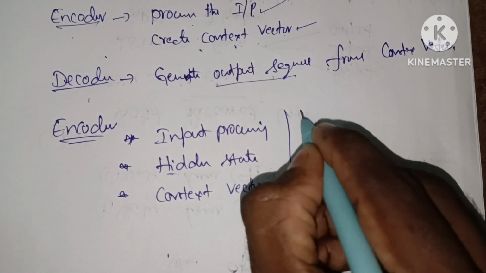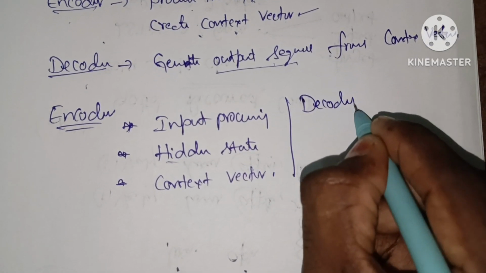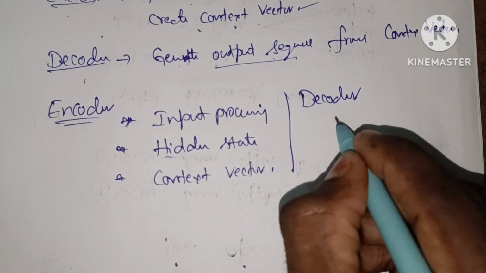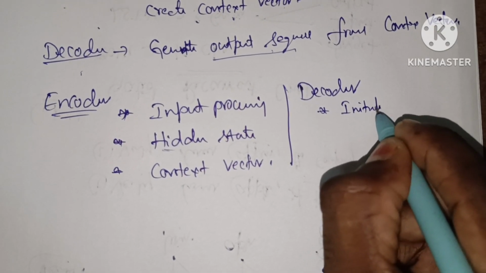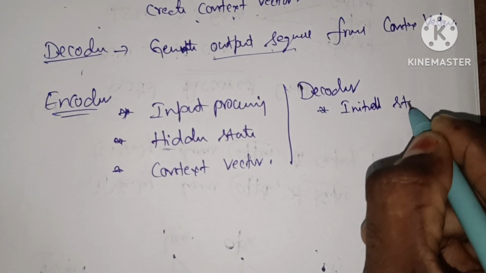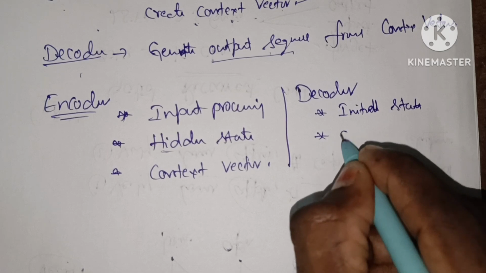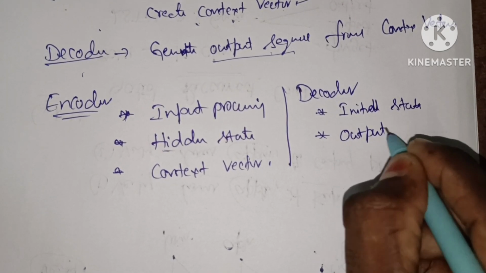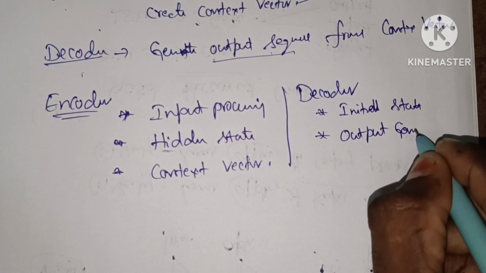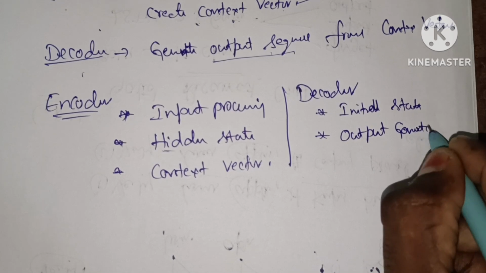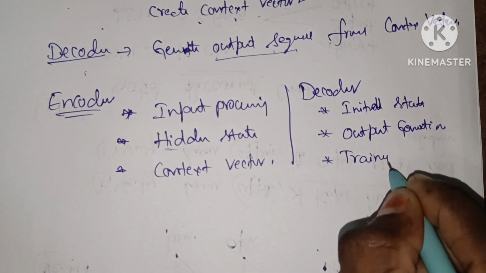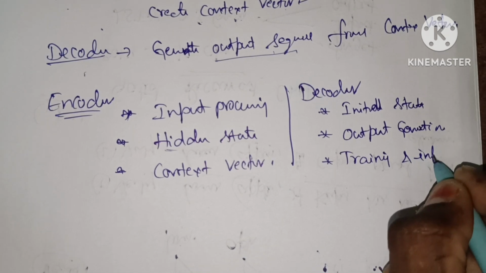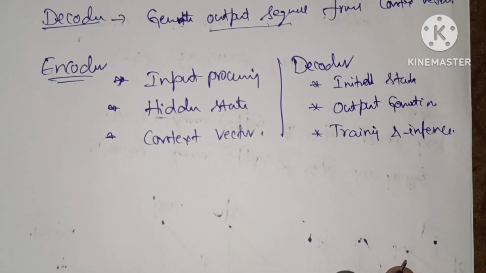Coming to the decoder, it first takes an initial state. Next is the output sequence, the generation of the output. Next, training and inference. Is it clear?